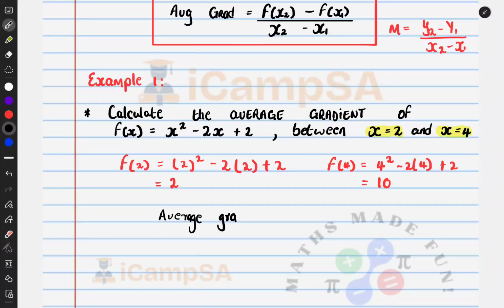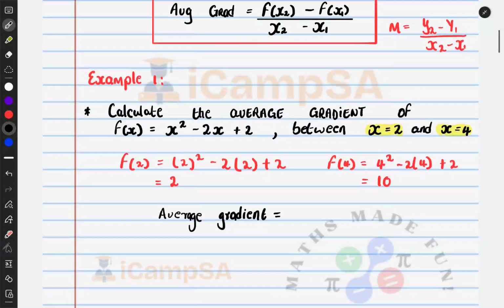So in order to calculate the average gradient, we have the average gradient, which is the difference of the height over the difference of the run. So let's take f at 4 as our y2, which is 10, minus f at 2, which is 2, over x2, which is 4 in this case, minus x1, which is 2.